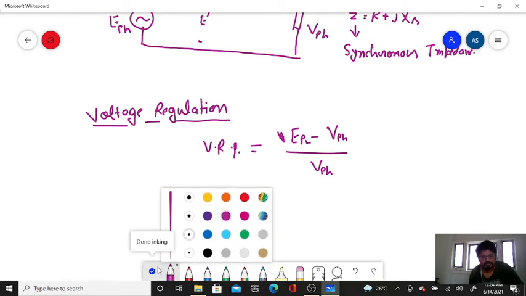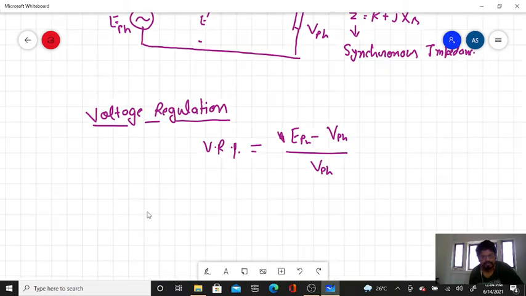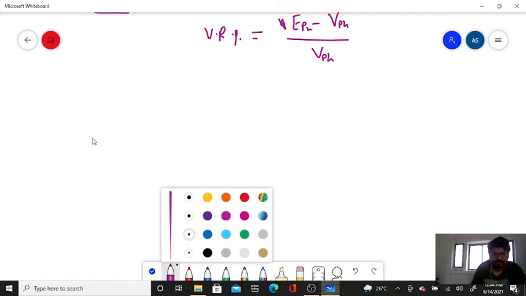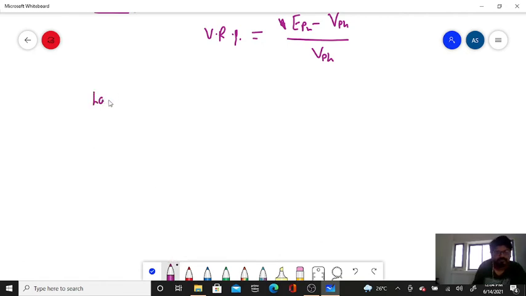So let's say we have a lagging load here. Let's draw the phasor diagram first.